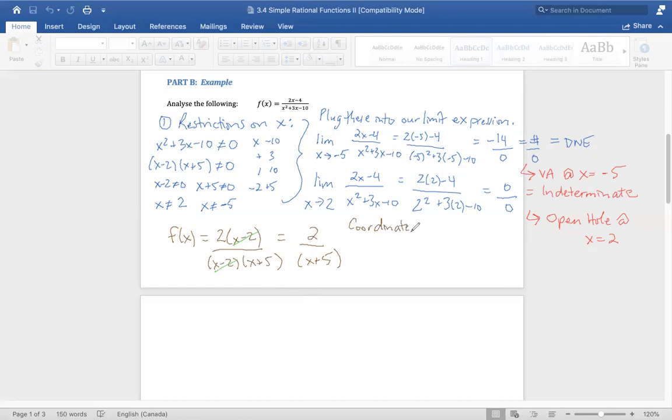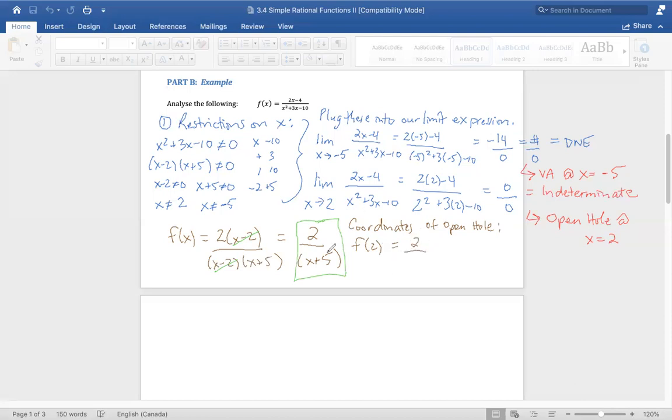Because we know the x value, we don't know the y value, but now we have an easier function to work with. Coordinates of the open hole. So here's my function, f of x equals 2 over x plus 5. I know x equals 2, so just plug in 2 for x into this new expression that I can use throughout.